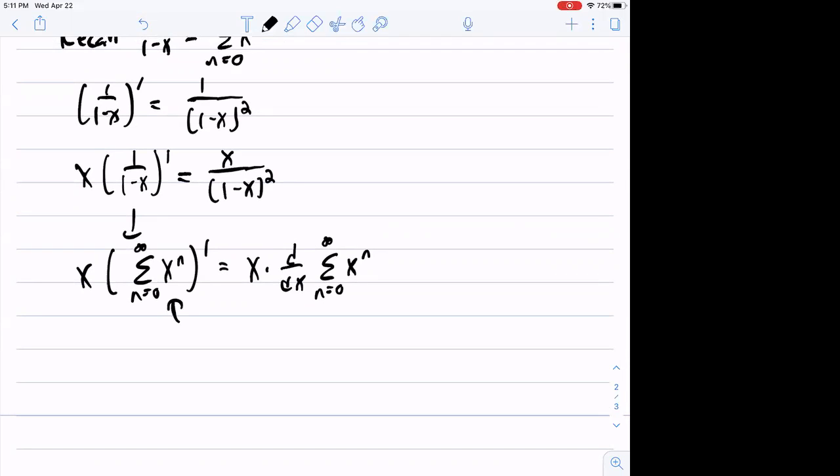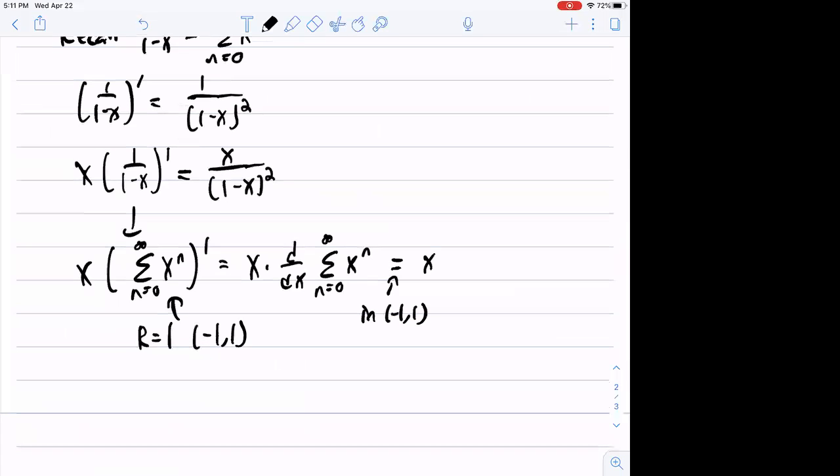The radius here is 1, it's negative 1 to 1. So in this interval, I get this. It's only true in that interval, because you can only move it when your convergence is uniform.